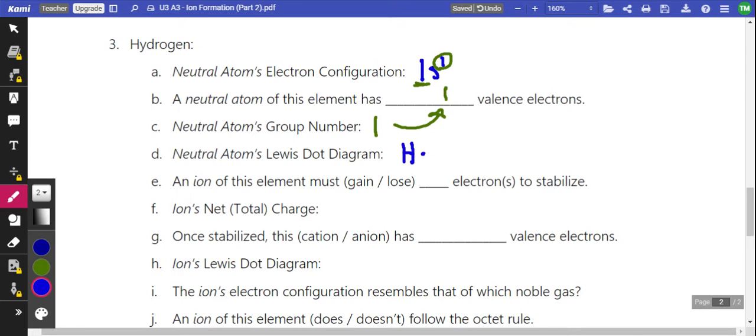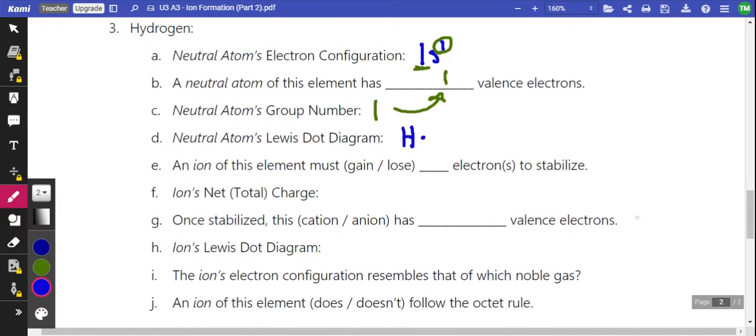Well, regardless of this shortcut scale thing we're drawing on the right side, the goal is to get hydrogen to be like a noble gas. Well, what's the closest noble gas to hydrogen? Helium is right after it, and helium is a noble gas. So maybe what we should do is focus on how do we get hydrogen to be like helium?